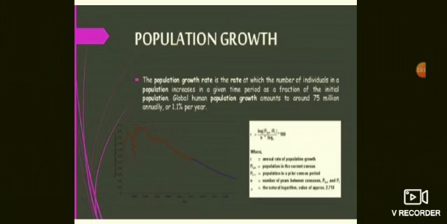And it is the number of individuals lost from the population by death, that is mortality, and emigration, that is moving some individuals of a species out of an area.